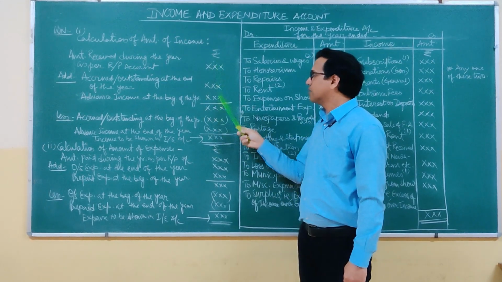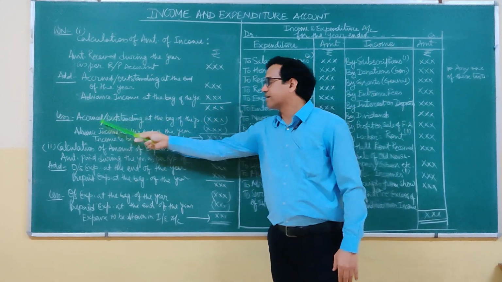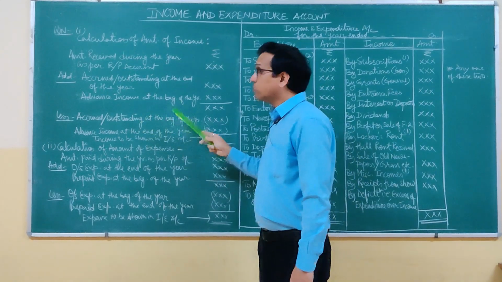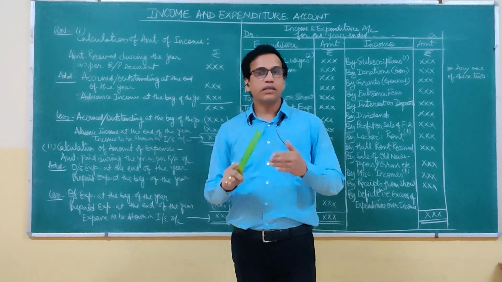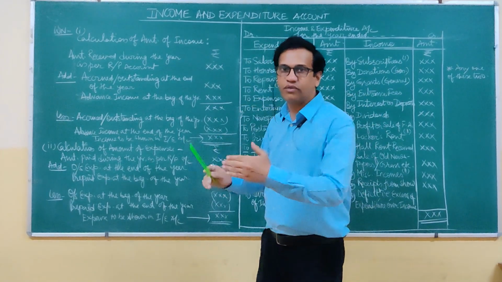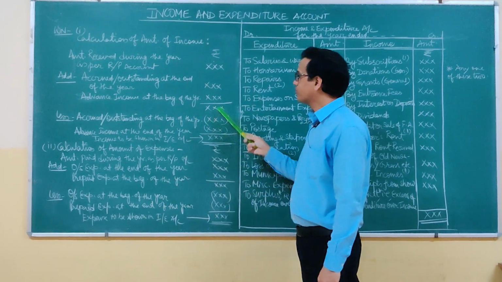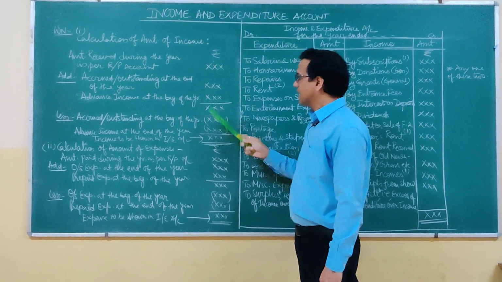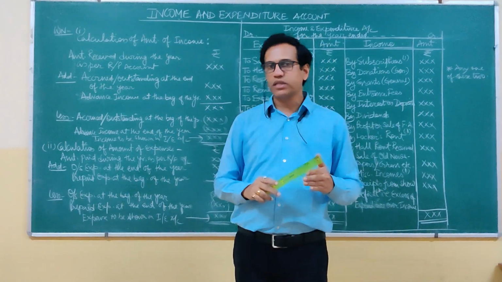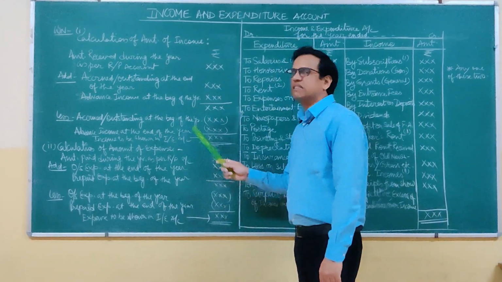So these three items we will total, and out of this total we will subtract the amount which was accrued or outstanding at the beginning of the year. That means the income which was related to the last year, but we have received it in this current year. We also subtract income received in advance at the end of this current year, that means the income which is related to the next year.